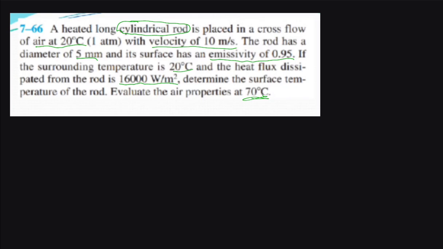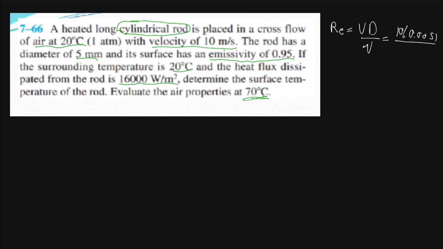So let's work this through step by step. The first step for these forced convection problems is to calculate the Reynolds number. That's velocity times the diameter, divided by the kinematic viscosity. We have all of these. So we have 10 times the diameter, which is 5 millimeters, or 0.005 meters.